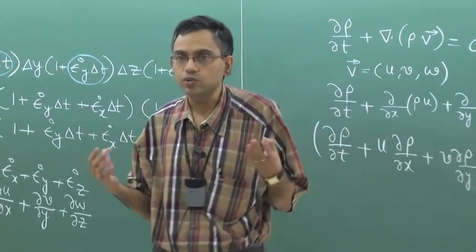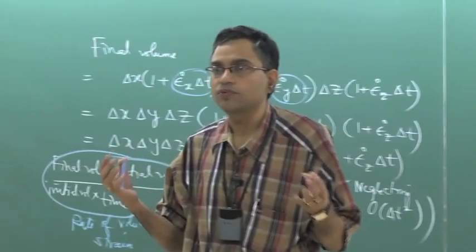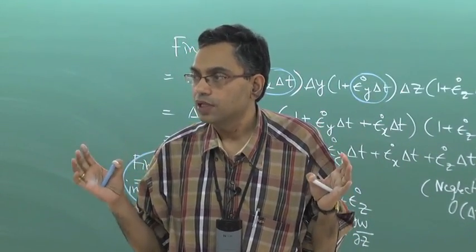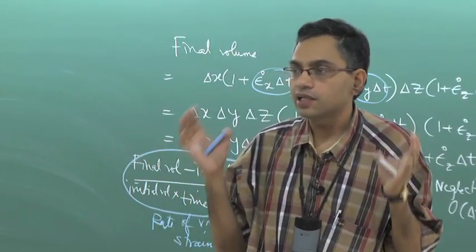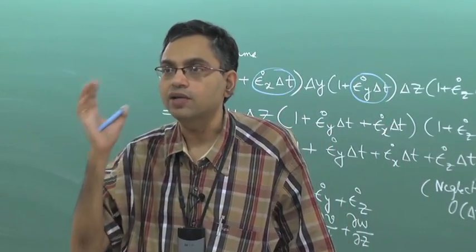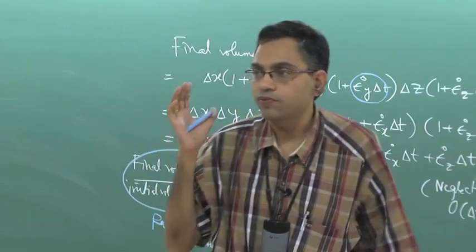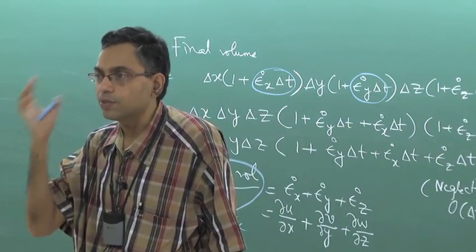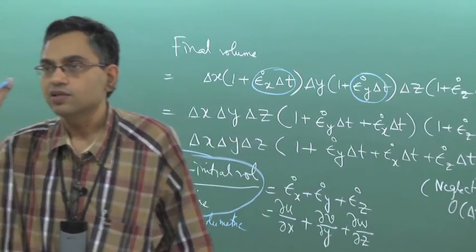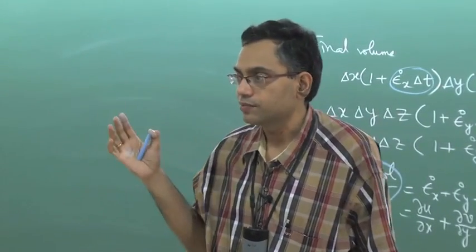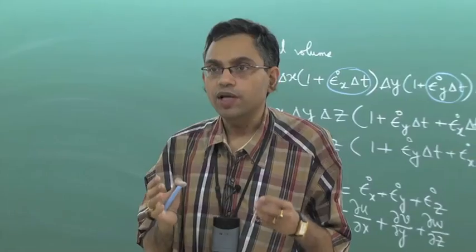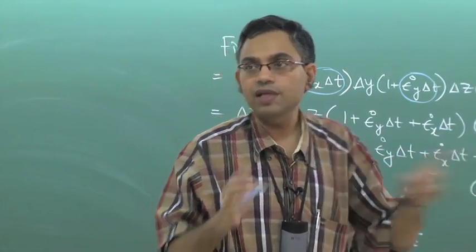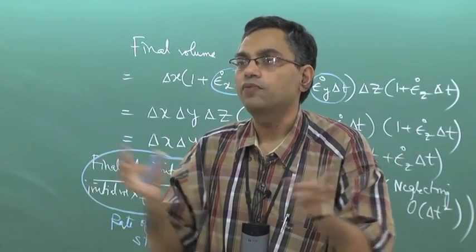For what kind of situation do you not have any change in volume of a fluid element? When the flow is incompressible. Remember, there is a very important distinction between incompressible fluid and incompressible flow. A compressible fluid is a fluid where density is a significant function of pressure, whereas when you are talking about incompressible flow it means there is no change in volume of a fluid element.